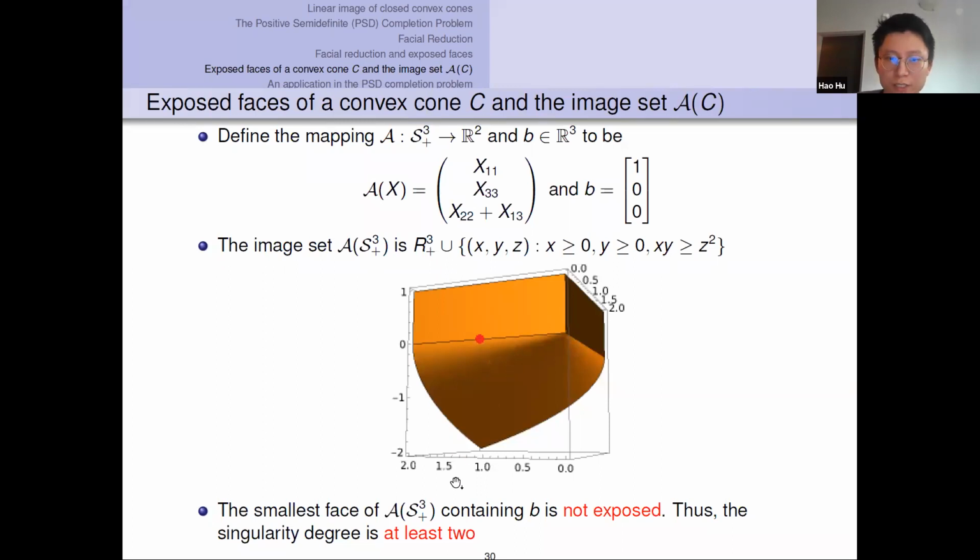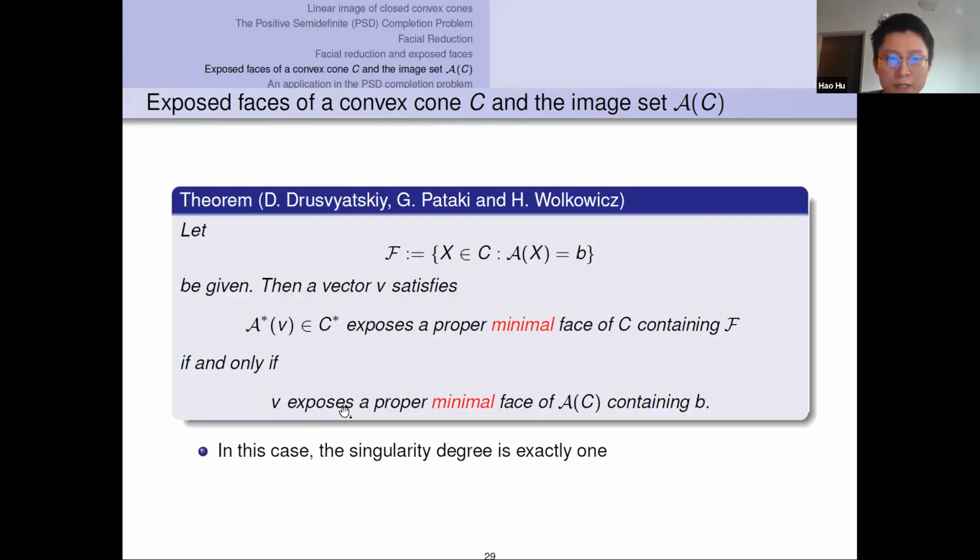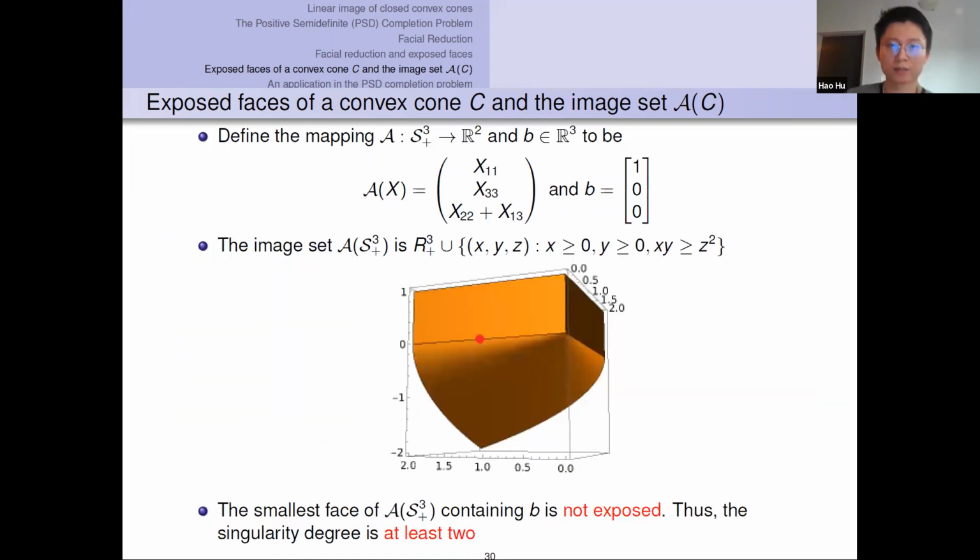And therefore the singularity degree is at least 2, because if it were exposed, then from the theorem in the previous slide, if we could find an exposing vector for the minimal face, that means for the original problem we also find the minimal face, which would imply the singularity degree is exactly 1. And such an observation may not always be clear for the original set, but for the image set, you can still show it in this case.